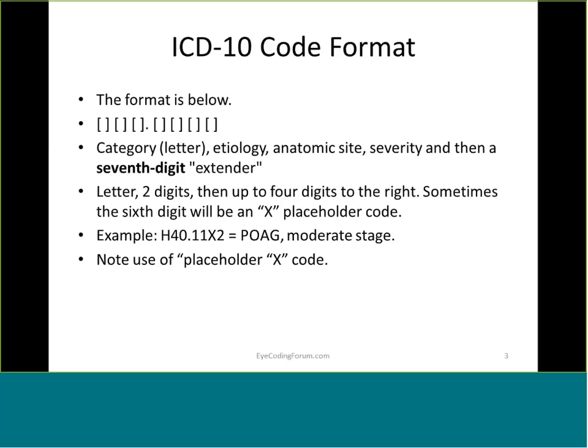Now, sometimes the 6th digit will be an X, what we call a placeholder code, and this is an important concept. An example would be H40.11X2, which is primary open-angle glaucoma, moderate stage. Note the use of the placeholder code.